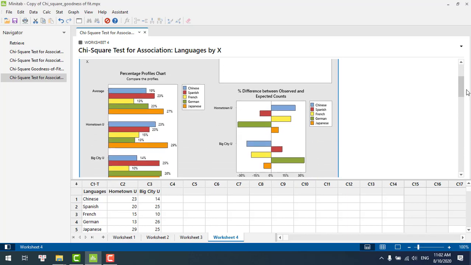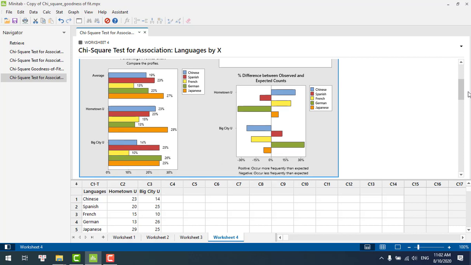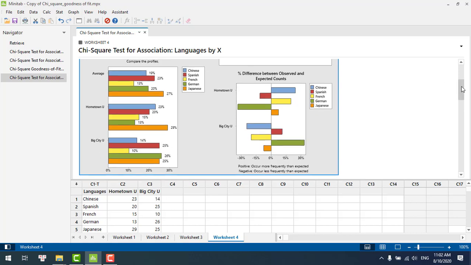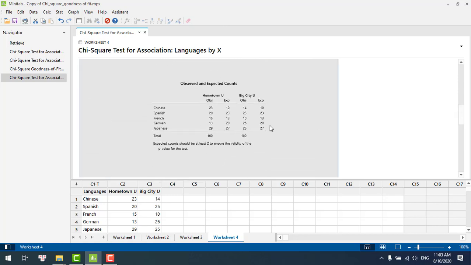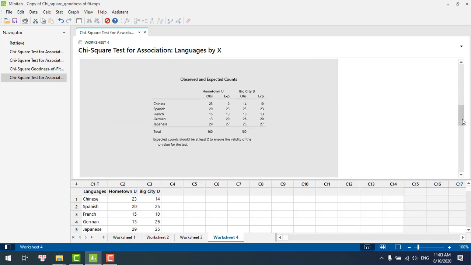Here you can see the distribution of the different languages. This is the average, and this is what you get at hometown university. This is what you get at big city university. Here we get the observations and what we would expect if they were the same.